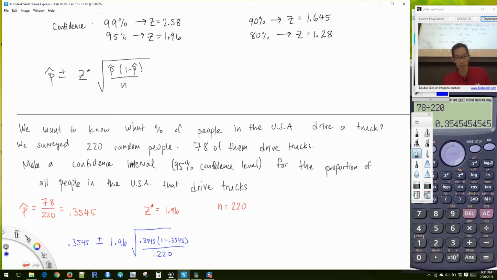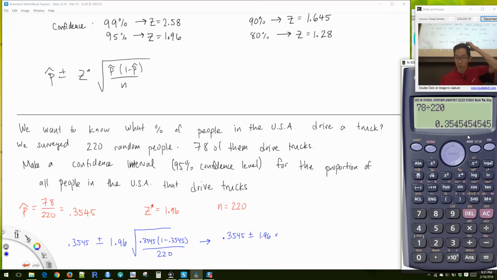So I'm going to calculate what's inside my square root. This is going to turn into 0.3545 plus or minus 1.96 times, I'm going to calculate this part. So I've got 0.3545 right here. I'm going to do times, parentheses, 1 minus my answer.